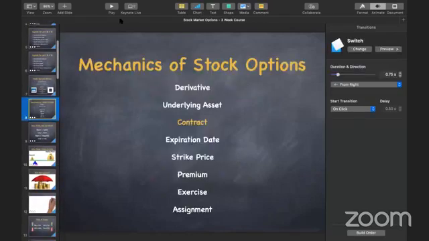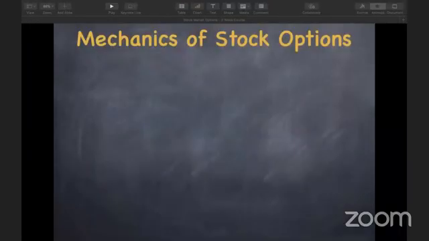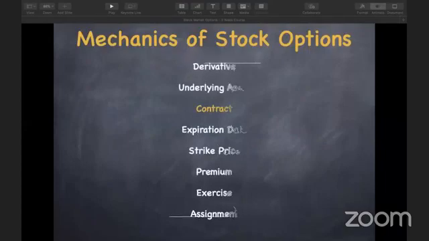All right. So one of the major things to take away were the mechanics of stock options. Just to make sure we do a clean review, stock options are an asset class called derivatives, which means their value comes from another place. In the case of stock options, their value is derived from an underlying asset.